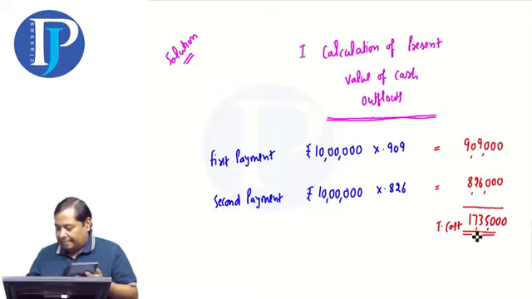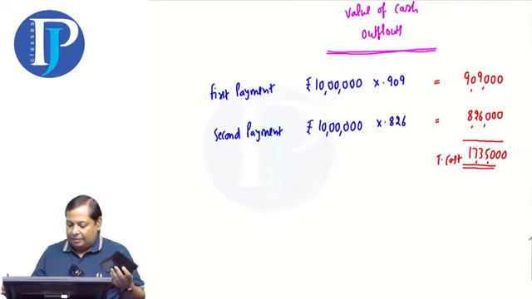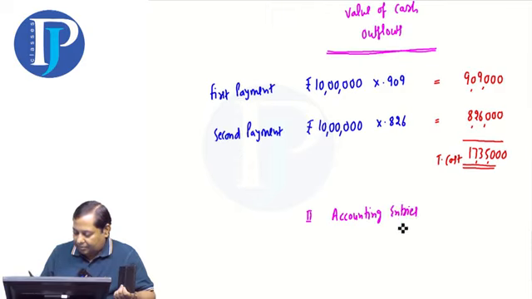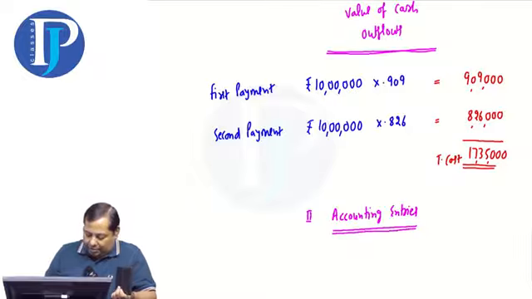17,35,000 rupees. I have come to the second point. I am talking about accounting entries. Firstly, I have the initial recognition.